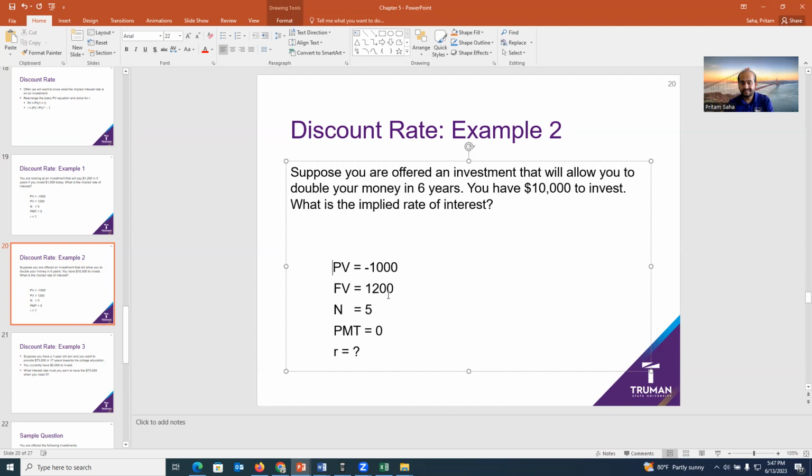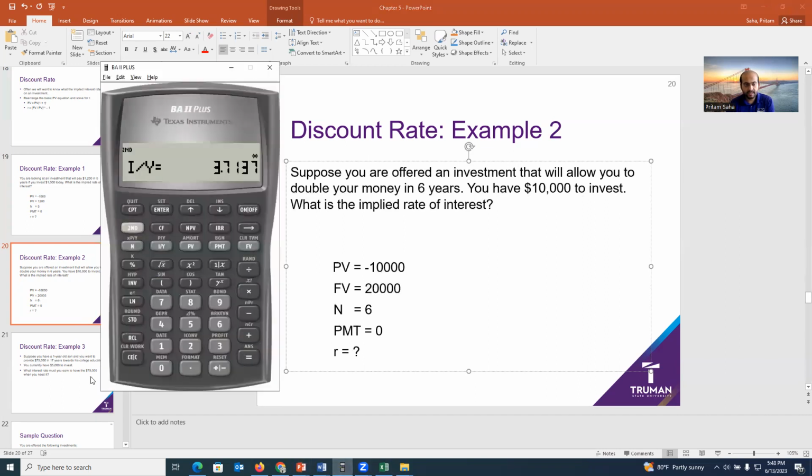To double your money in 6 years, and it's 6. It's trying to say that if you make $1 of investment today, that's going to be $2 in 6 years, right? Payment is 0. What is the R? Makes sense. You can do it this way, that's going to give you the same result. You can also do it this way, same result. You can try either way. Okay, so let's go back, second, clear.